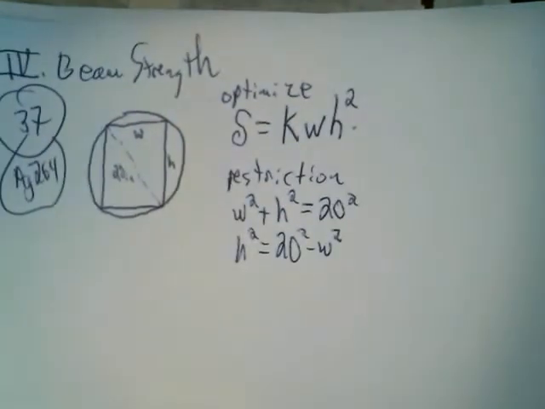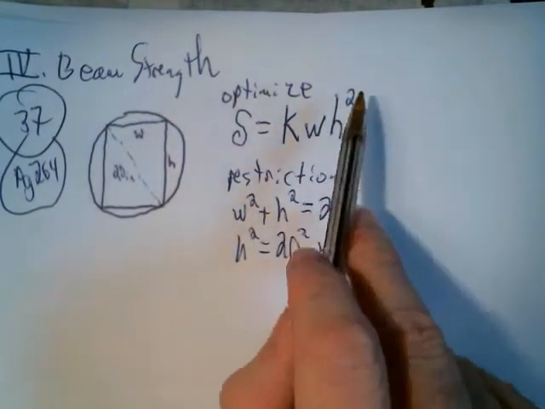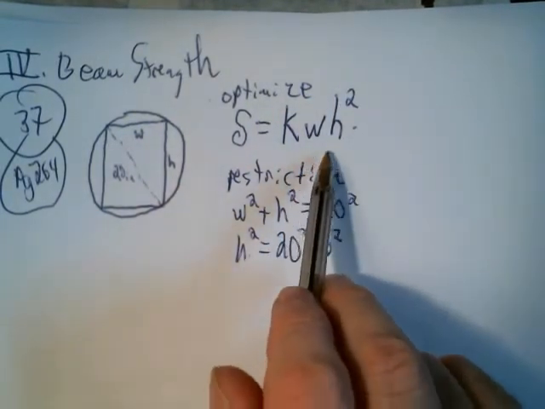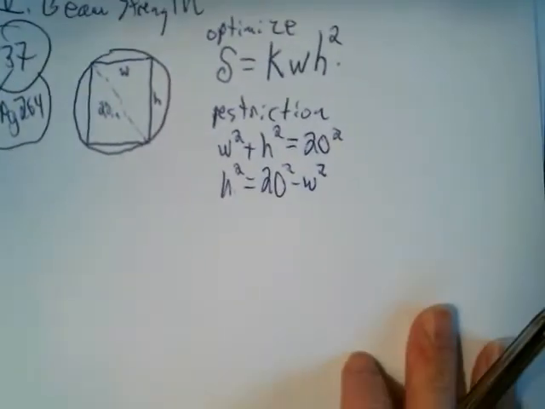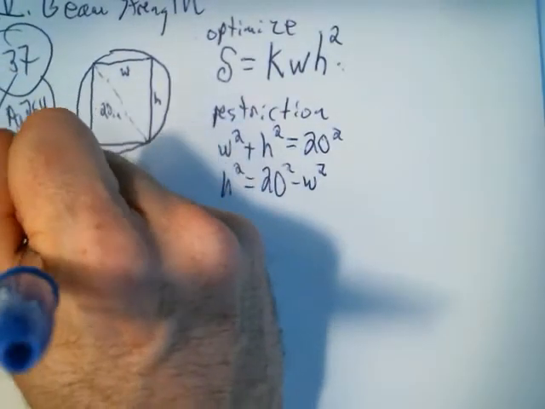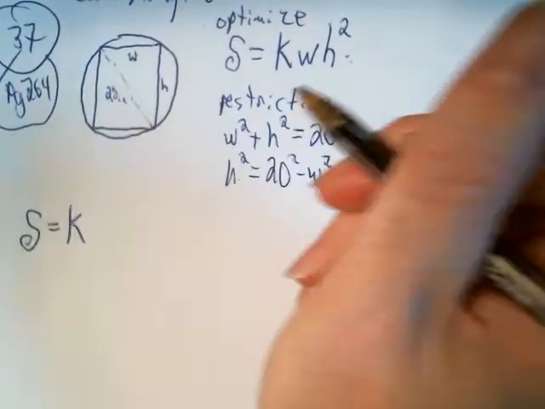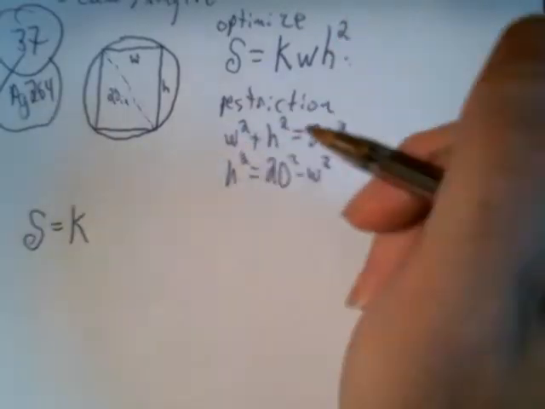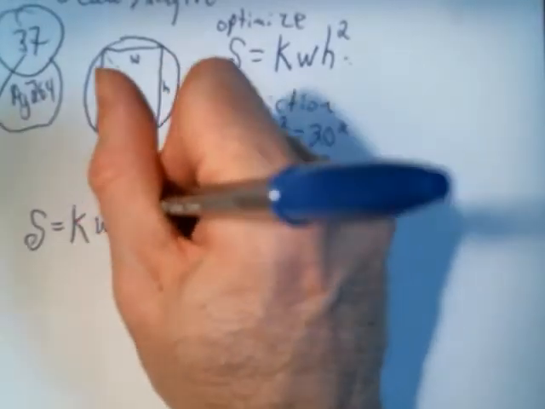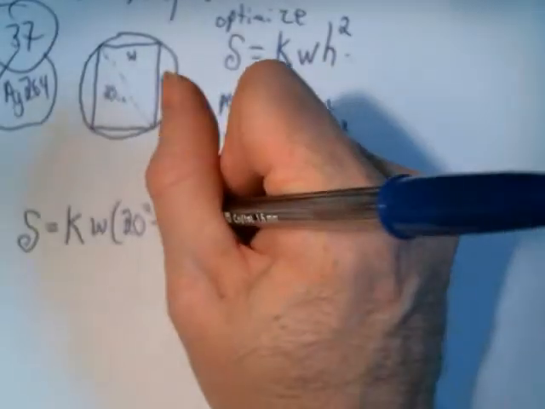And I'm going to resist the desire to solve for H, okay? Because H squared is its natural form in the equation anyways. So now we use this to reduce the number of variables. So our strength formula now is some constant K times W times H squared, which is now 20 squared minus W squared.